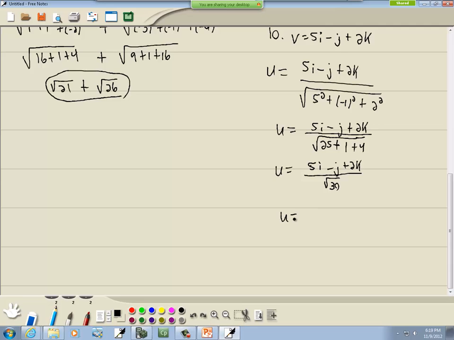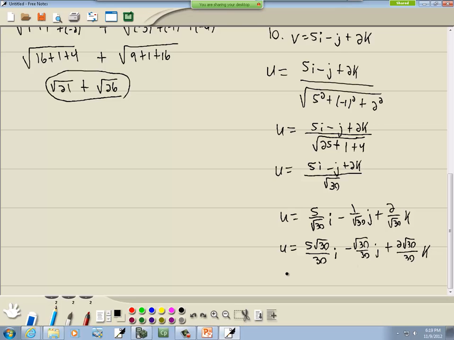Want to split this up, so put 5 over square root of 30 i minus 1 over square root of 30 j plus 2 over square root of 30 k. Now we can't have the square root downstairs, so we multiply top and bottom by square root of 30. So that gives us 5 square root of 30 over 30 i minus square root of 30 over 30 j plus 2 square root of 30 over 30 k.